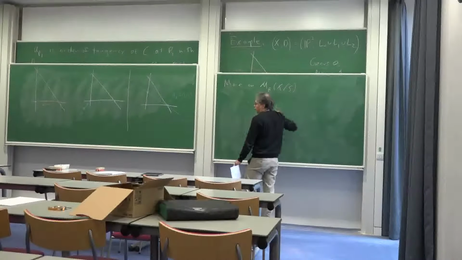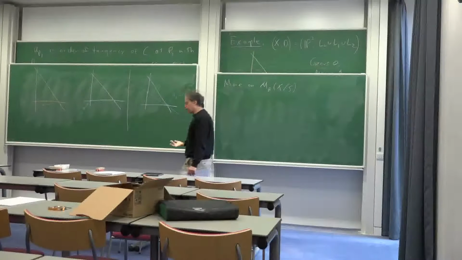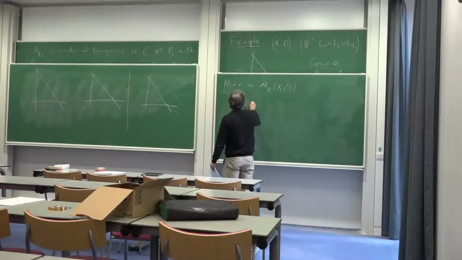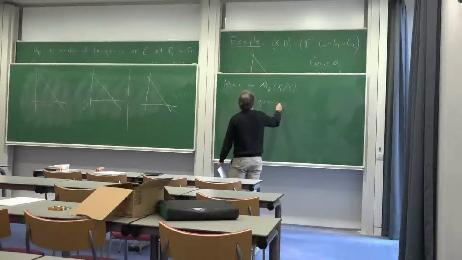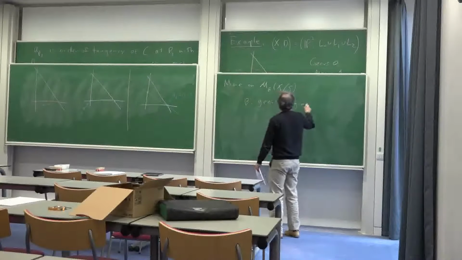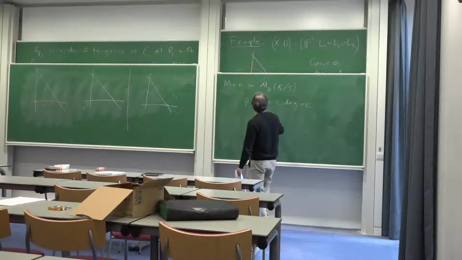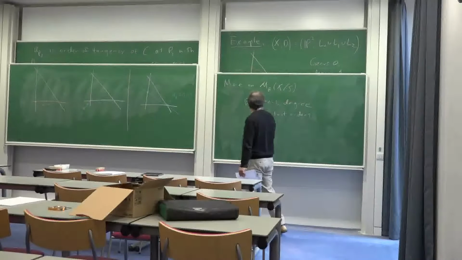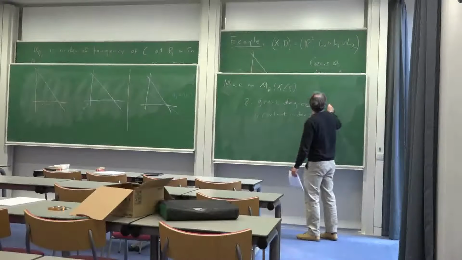So the first point is that I was a bit evasive yesterday as to what information is in beta. So beta is genus, degree, and contact orders, so the number of marked points also.